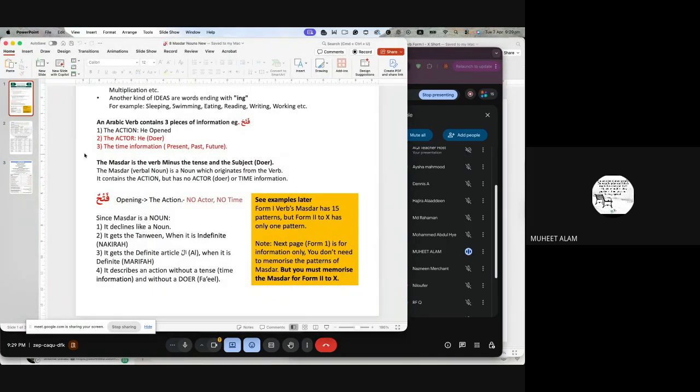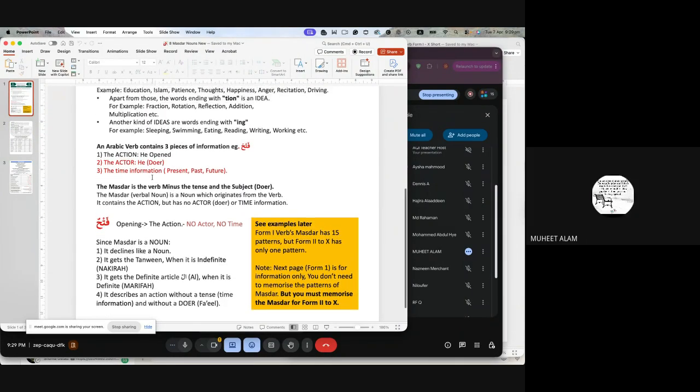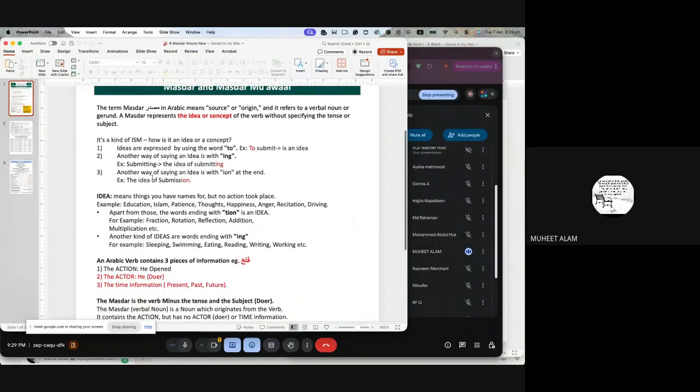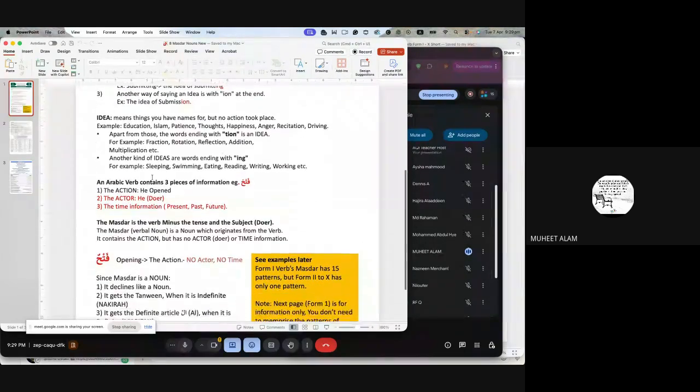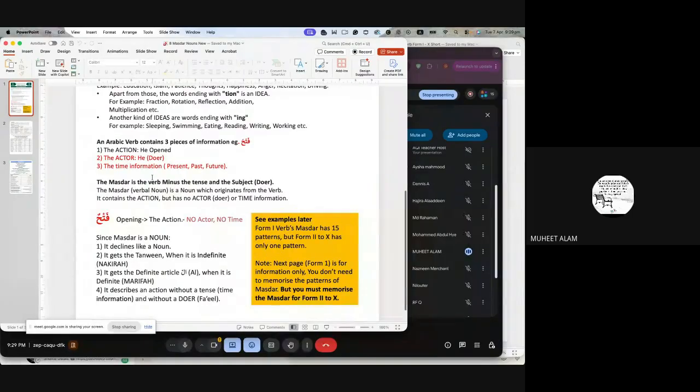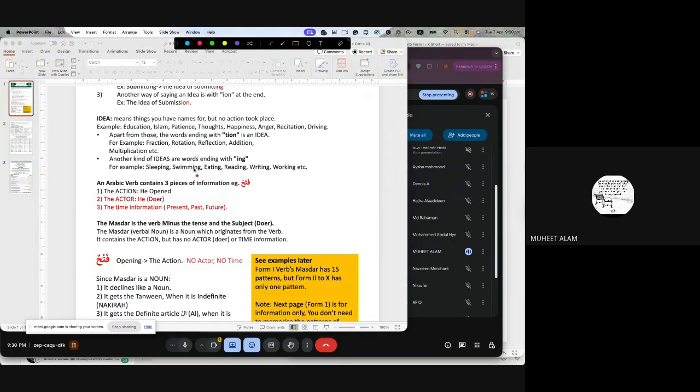Now let's understand it more clearly. What is an idea? An idea is something you can name, but no action has actually taken place. For example, education, Islam, happiness, thoughts, patience, recitation, driving, all of these words are ideas.